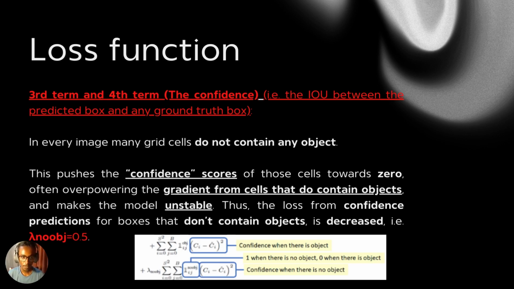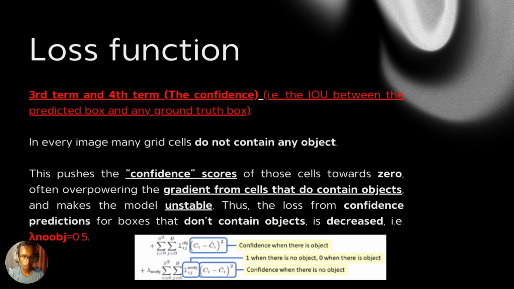When there is no object, the identity function for no obj returns 1, and when there is an object, it's going to return 0, which is the inverse of the identity function 1 obj.